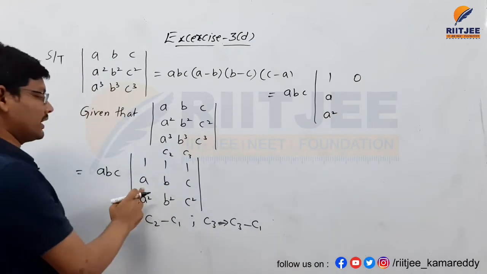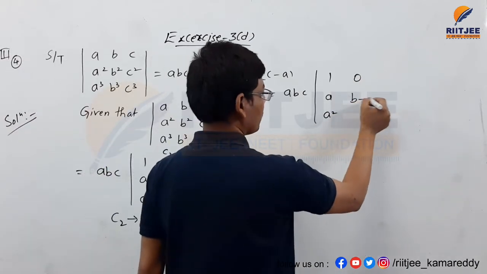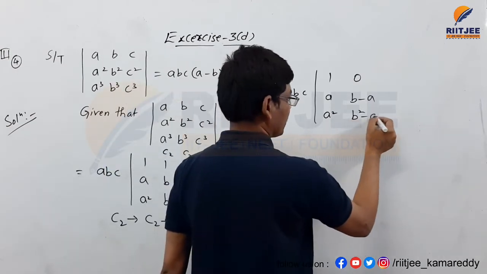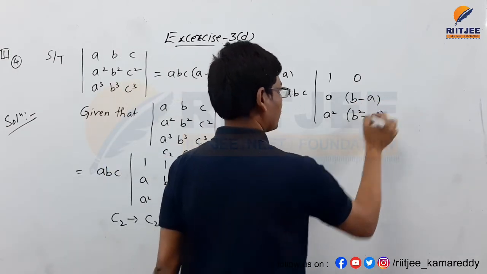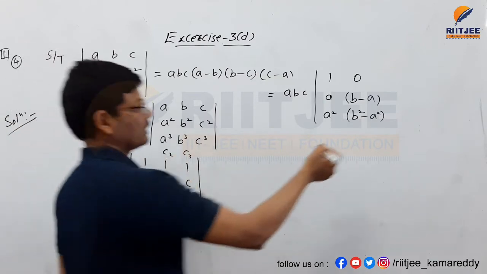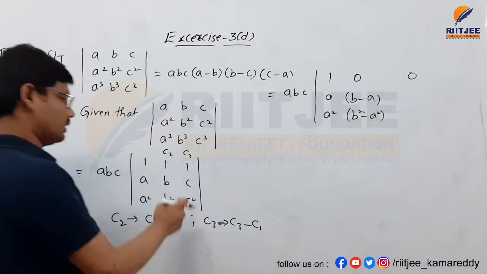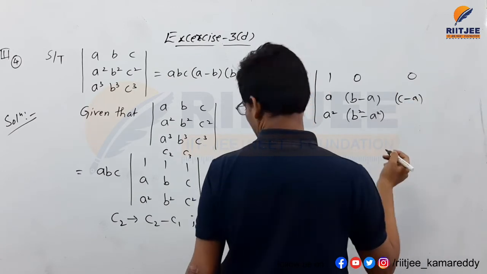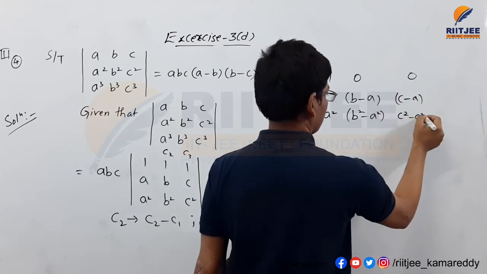Next b minus a and b square minus a square, and 1 minus 1 is 0 again. Next c minus a and the next one is c square minus a square.